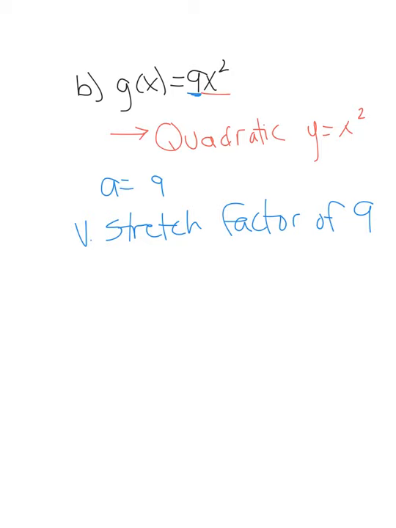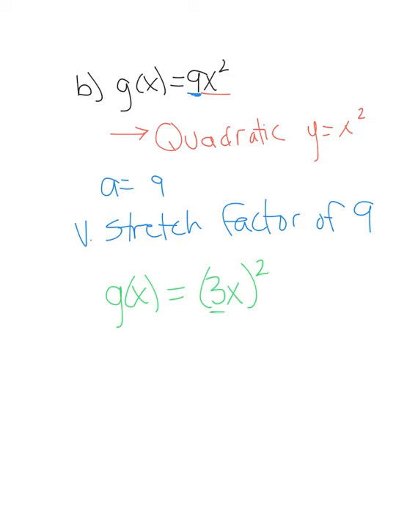So if you looked at this and you said, perfect, a is 9, vertical stretch by a factor of 9, you're getting full marks. Some of you may look at this, and I'm just going to rewrite this again, and you may say, oh, I see a k of 3. So when I look at this, I know that 3x squared is equal to 9x squared.